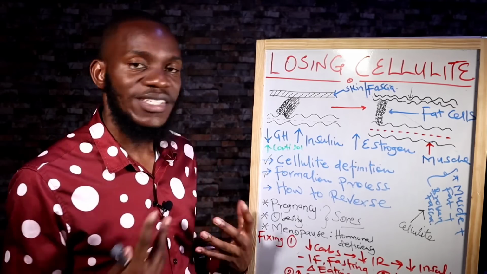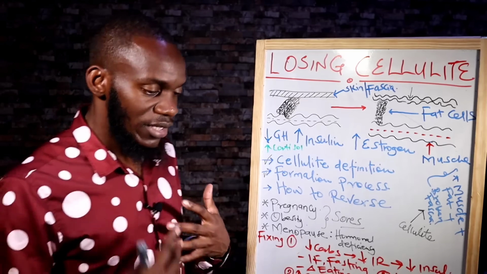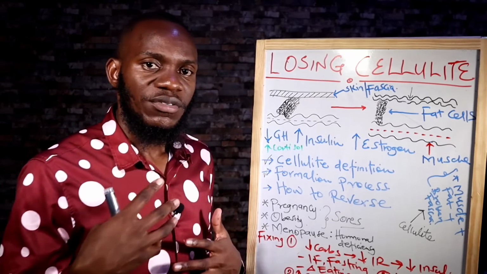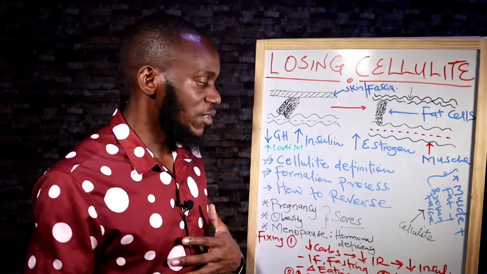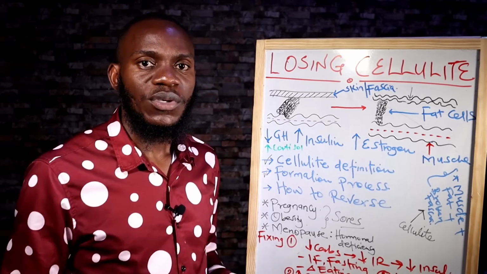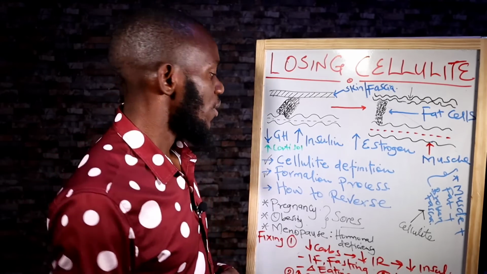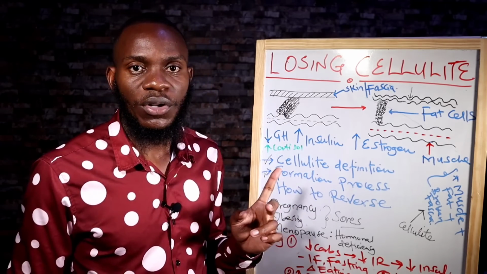Number 2, exercise. HIITs. You train intensively for fewer minutes or fewer seconds, then you take rest in between the trainings. And again, heavy lifting. Once you heavy lift, then that means you have energy and you're boosting your growth hormone.